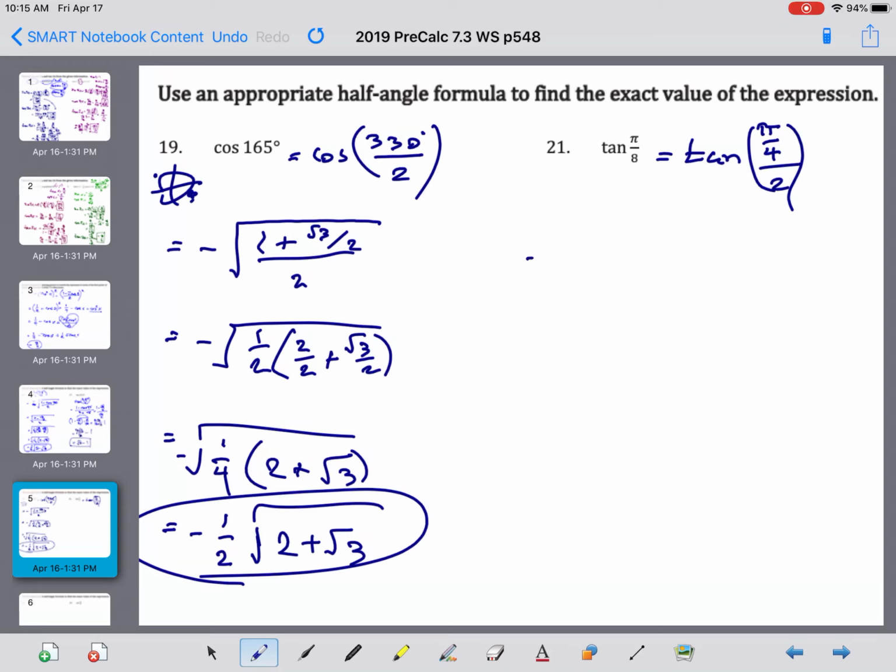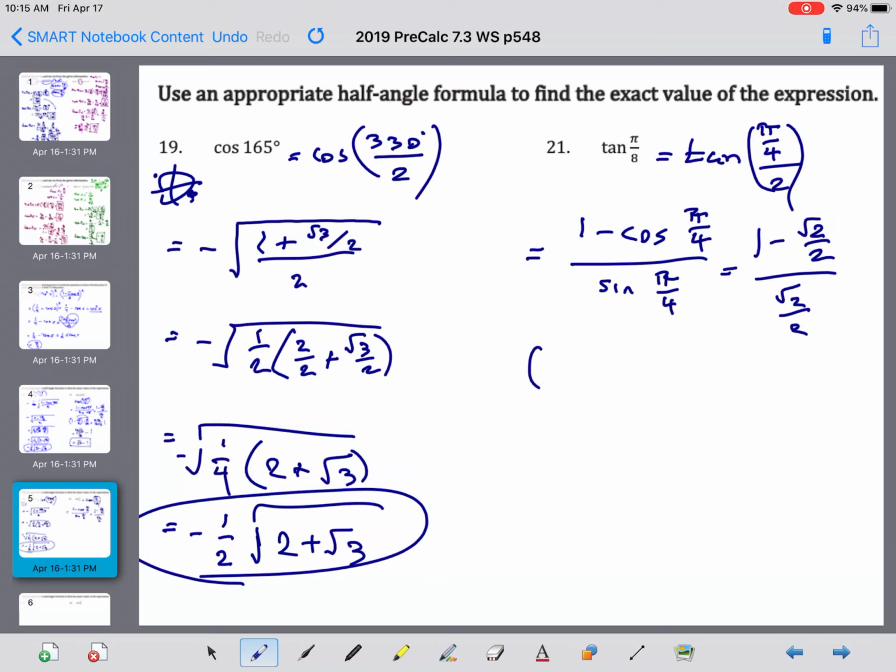Like before, it's simply going to be 1 minus the cosine of pi over 4, divided by sine of pi over 4, which gives me 1 minus root 2 over 2 over root 2 over 2. And like before, I'm going to multiply by the reciprocal, so I'm going to distribute.